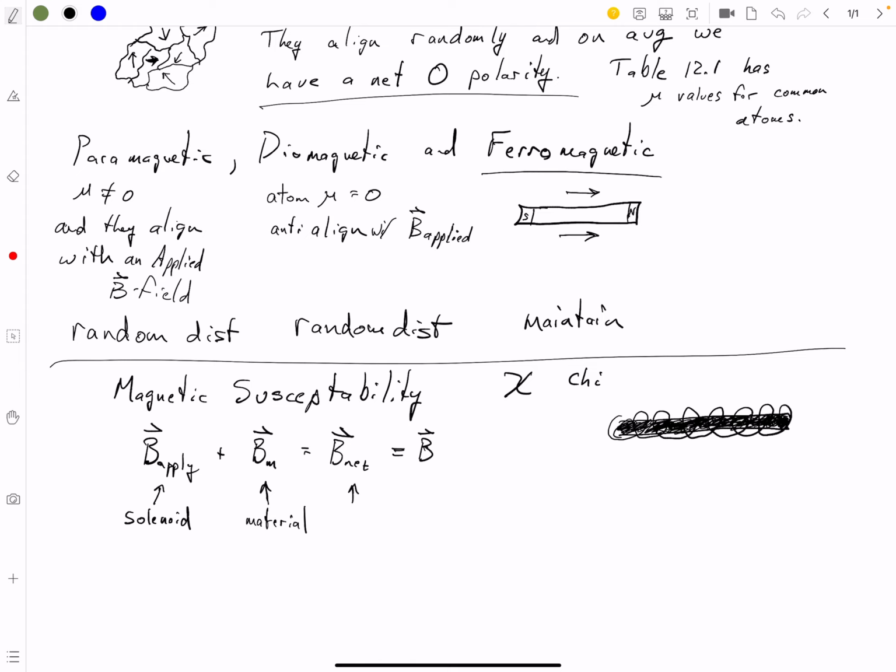So we have this magnetic susceptibility chi. Well, it turns out that our magnetic field in the material is chi times our magnetic field that we applied from the solenoid. And the book writes it as B0 for the solenoid.